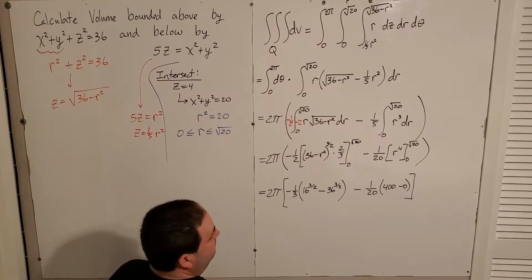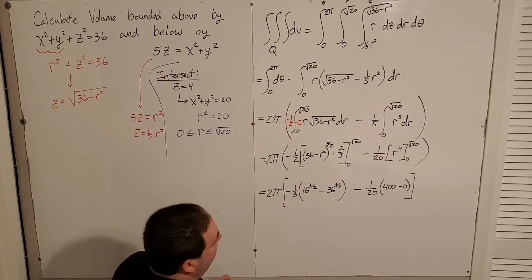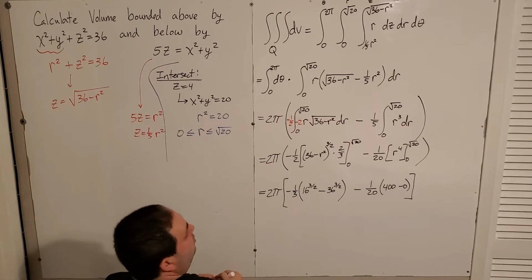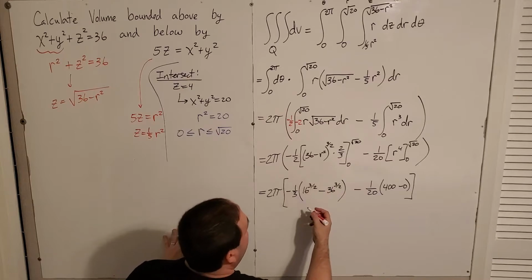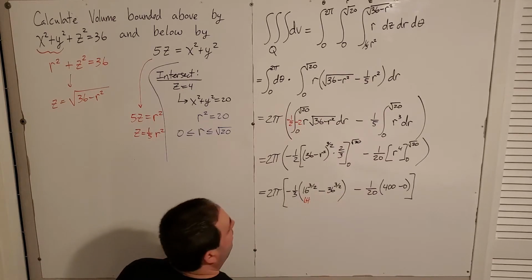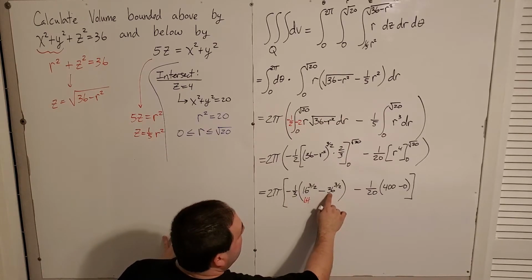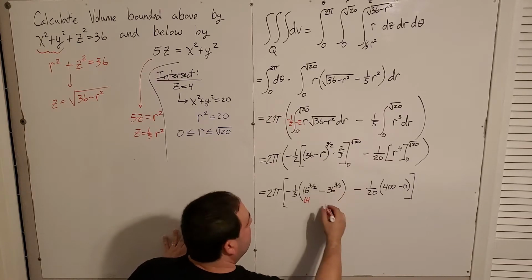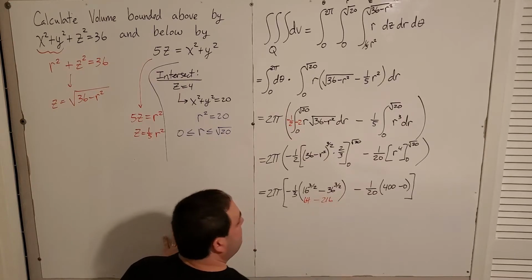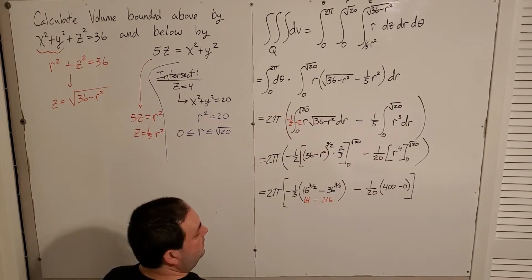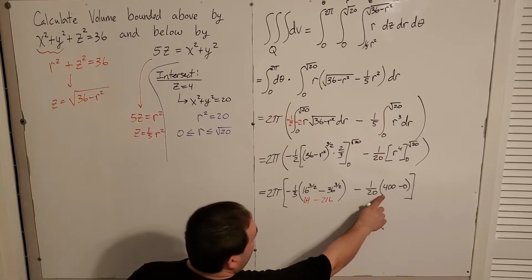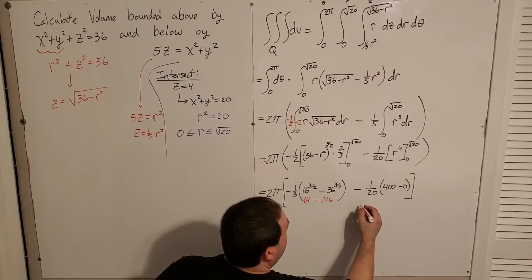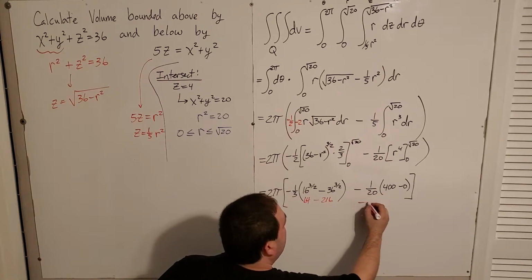So let's simplify all of these pieces real quick. 16 to the 3/2, that's the square root, which is 4, raised to the 3rd power, which is 64. Then minus 36 to the 3/2, which square root is 6 to the 3rd power is 216. And then over here, I've got 400 divided by 20, which is just going to give me minus 20.